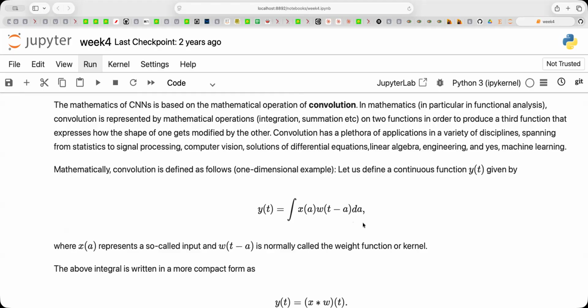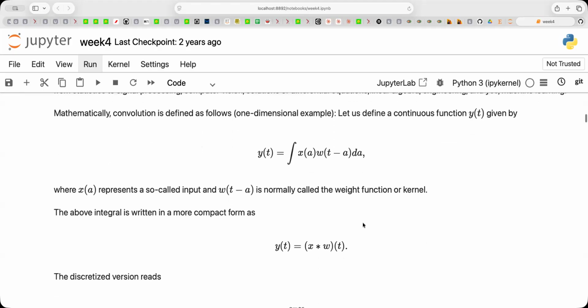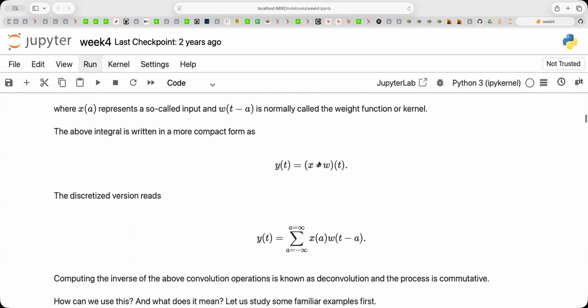Fourier analysis and all this stuff, this type of mathematics often enters there, and then the filtering becomes very important. So this integral is written out in terms of X times W, and this is the definition of a mathematical convolution if you have a one-dimensional example like this. If you do a discretized version, this is what it looks like.